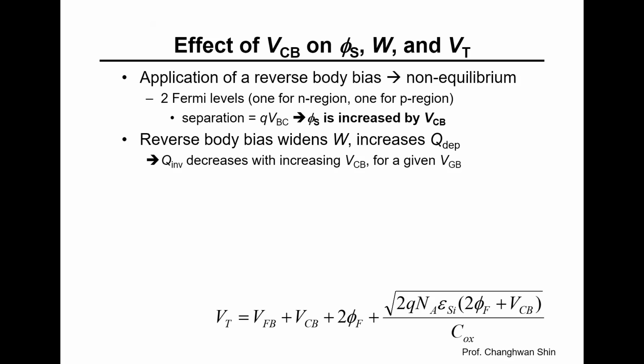So this increased surface potential widens the depletion region width W and increases the depletion charge Q sub dep. As a result, for a given gate-body voltage, VGB, the inversion charge Q inversion decreases with the increase in VCB, okay?